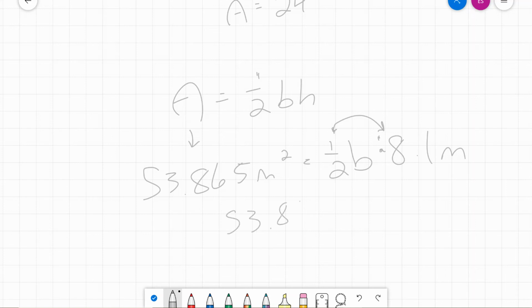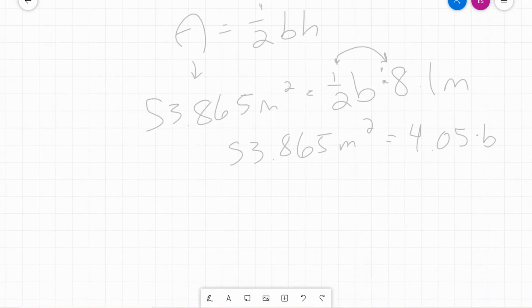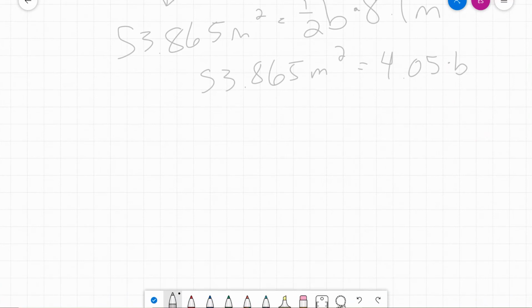So I'm going to rewrite this, except for now I have 4.05 times b, and now I want to get that value b by itself. And so, since I have multiplication here, 4.05 times b, in order to get b by itself, I'm going to do the reverse, the inverse operation, and that's division.